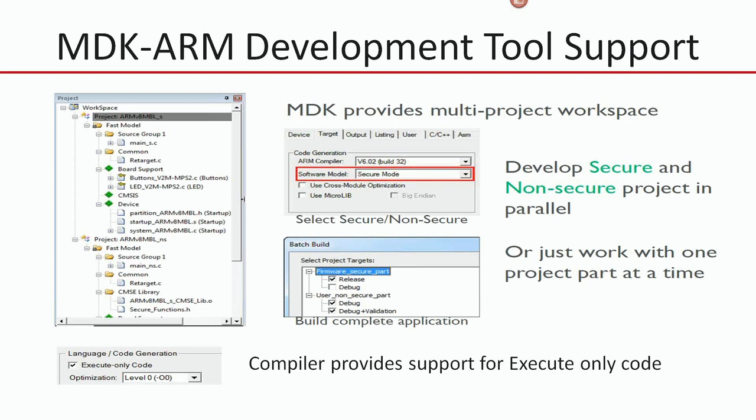So it's possible to run code and see the secure and non-secure operation and how a program is structured to sit on the processor. Also, code generation is possible for execute-only areas of memory as well.